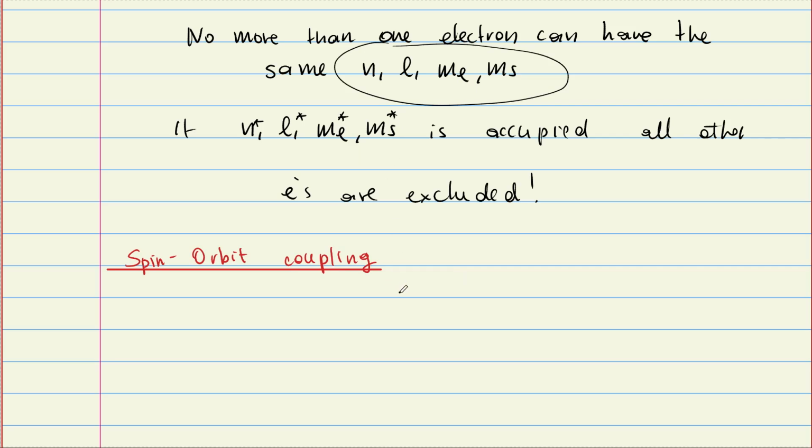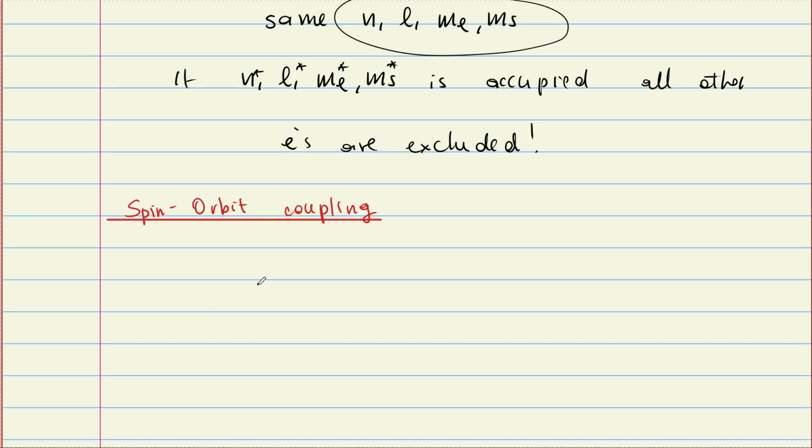So let's think about what we have. Let's consider the simplest system we can think of, and the simplest system is the hydrogen atom. We have some orbit. In the center we have a proton, and in the orbit we have an electron rotating, right?